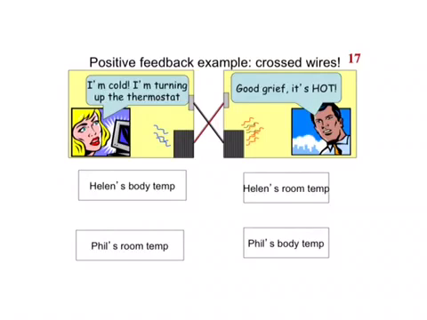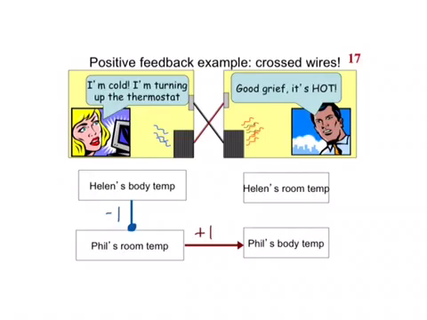So let's just go ahead and draw that. So we have a line that terminates in a circle. And we'll give this a -1 for clarity. Now, when Phil's room temperature goes up, his body temperature is also going to go up. We already discussed that situation with Circle Man, and this is clearly a positive coupling, which we'll represent with a red arrow, and we'll also assign a value of +1.